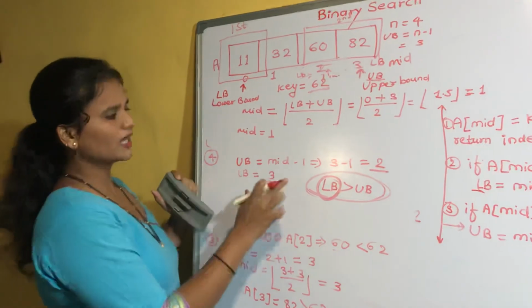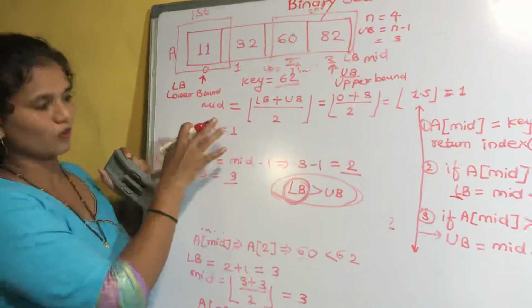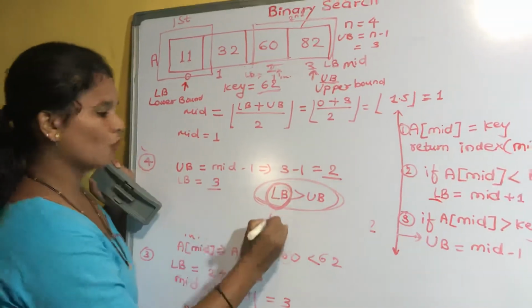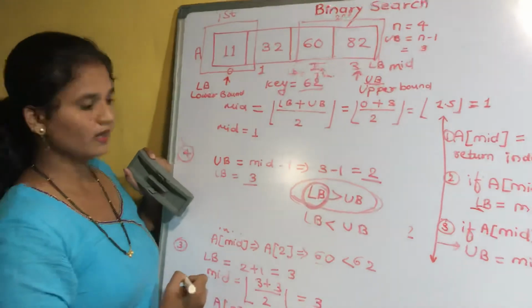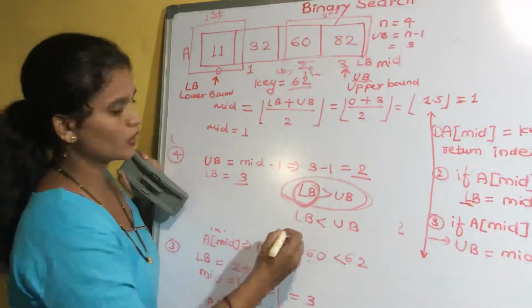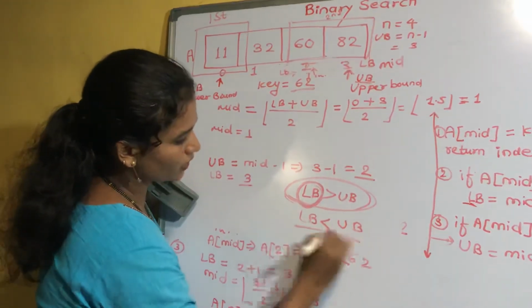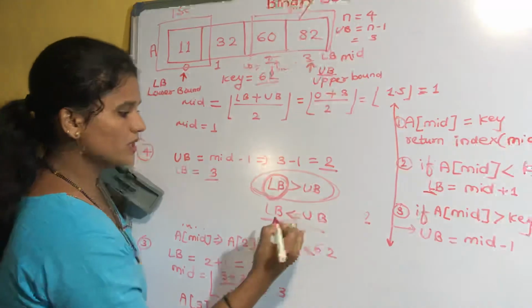So from that can we say that in each step, whatever we have done before, the lower bound was less than or equal to upper bound. Each and every time we write the C program, you have to put that condition in your program: lower bound is less than or equals to upper bound.